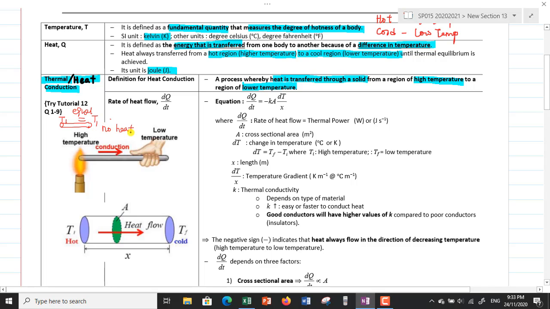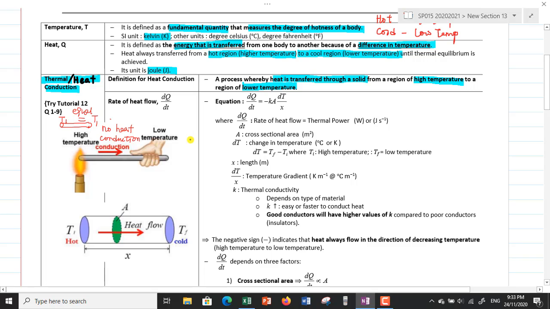There will be no heat conduction. So remember, conduction only occurs when there is a temperature difference between both ends. One end is at high temperature, another end is at low temperature. I guess I have explained quite well what we mean by heat conduction. There must be a temperature difference.